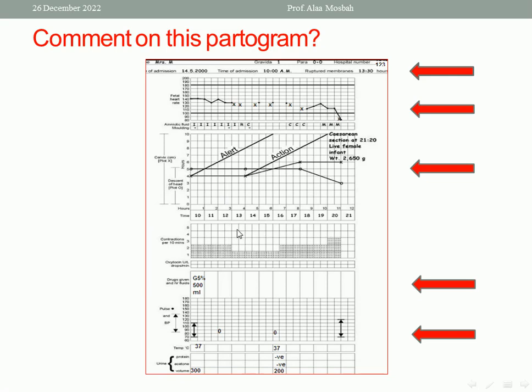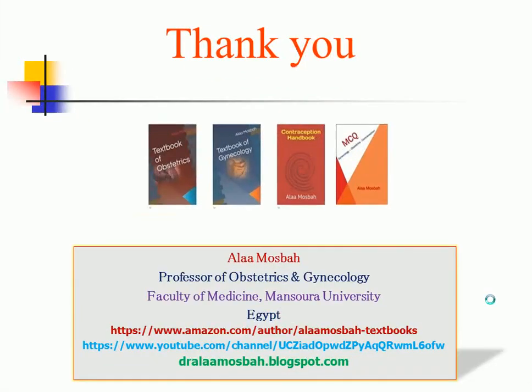This partition also for uterine contraction, how many contractions per 10 minutes, and the duration of each contraction. Then this is the partition for oxytocin infusion. This is the partition for medication given and the intravenous fluids. And lastly, this partition for maternal well-being, the pulse, the blood pressure, the temperature, and the character of urine. This is the end of my comment in this quiz.